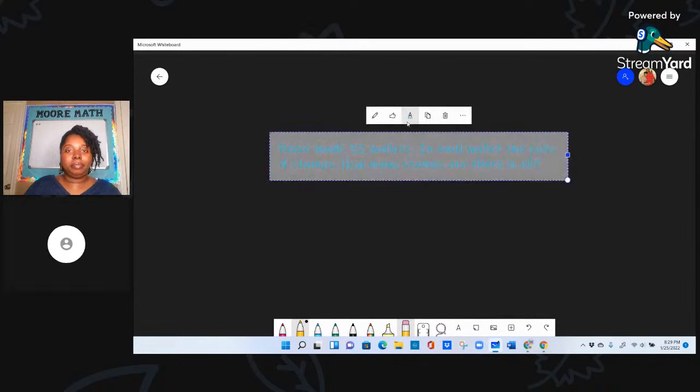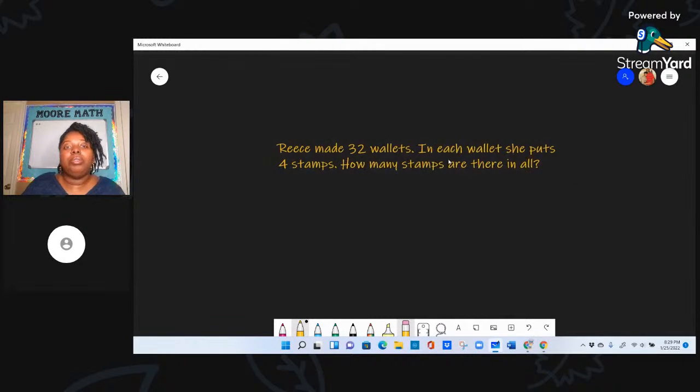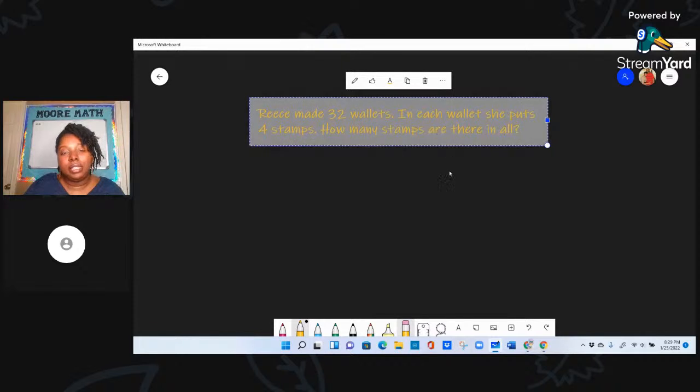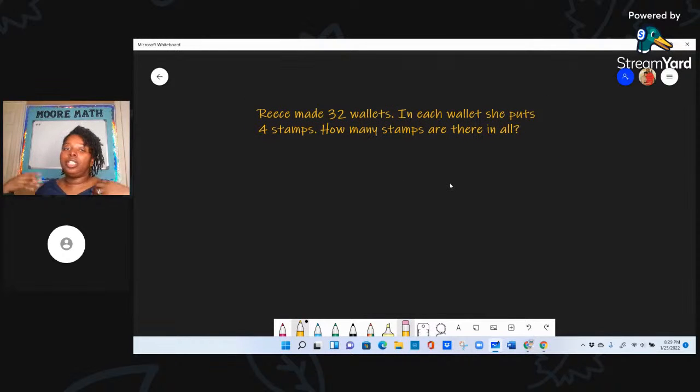All right. So Reese made 42 wallets. In each wallet, she put 4 stamps. How many stamps are there in all?